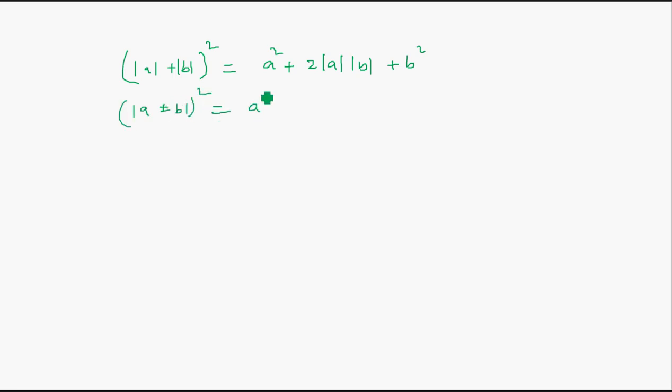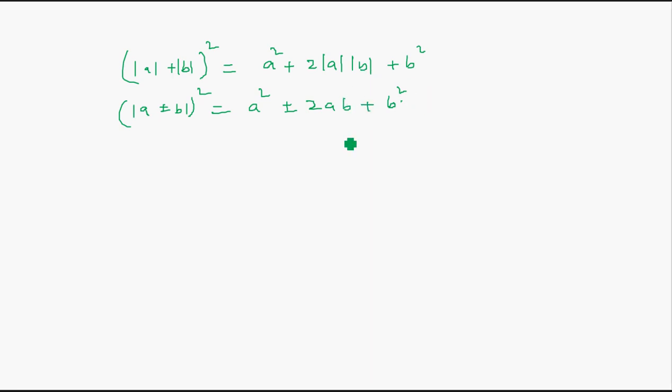Now I have a statement here. We have mod a plus mod b whole square, which will be equal to a square plus 2 mod a mod b plus b square. Then we have mod of a plus or minus b whole square, which we got as a square plus or minus 2ab plus b square.